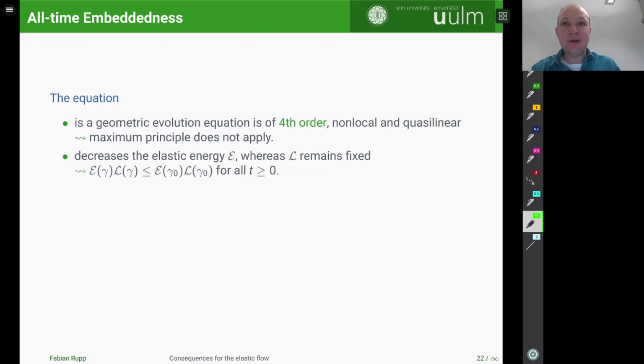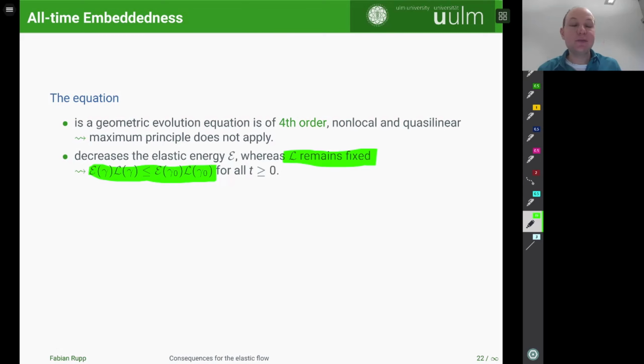And why is that? Well, this is an elastic flow, and the reason it's called elastic flow is because it decreases the elastic energy, and since it also fixes the length, the Willmore energy we discussed, so the product of the elastic energy and the length, decreases as time evolves.